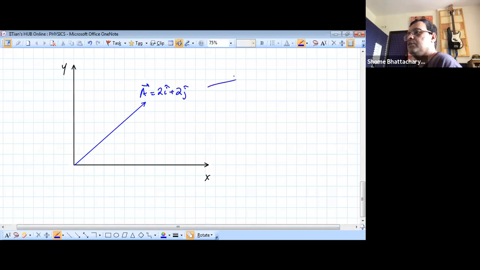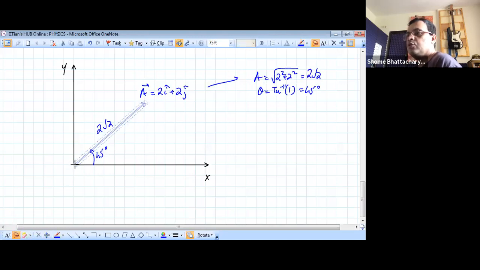Now we can see from this that the magnitude of A is 2 root 2. And also the angle is tan inverse 1, so that is 45 degrees. So this angle is 45 degrees and this magnitude is 2 root 2. So for A, I know it. Okay, this is the situation.